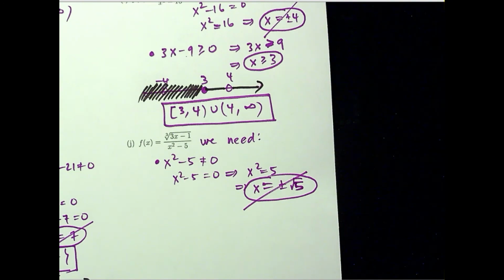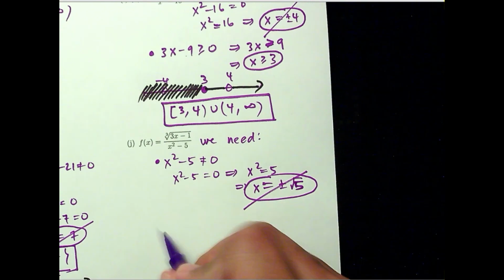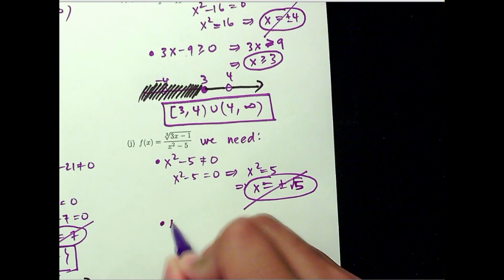Okay. So that takes care of the first bullet point. Second bullet point says if there are radicals of even index, set them bigger than or equal to 0. Well, there's no radicals of even index, so that means the second bullet point does not apply.